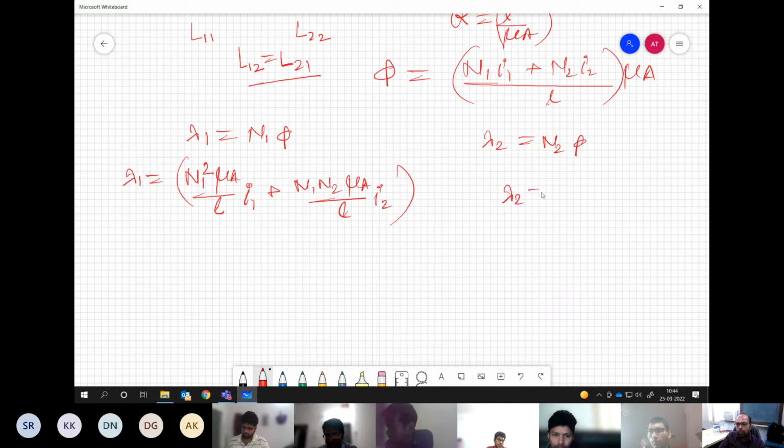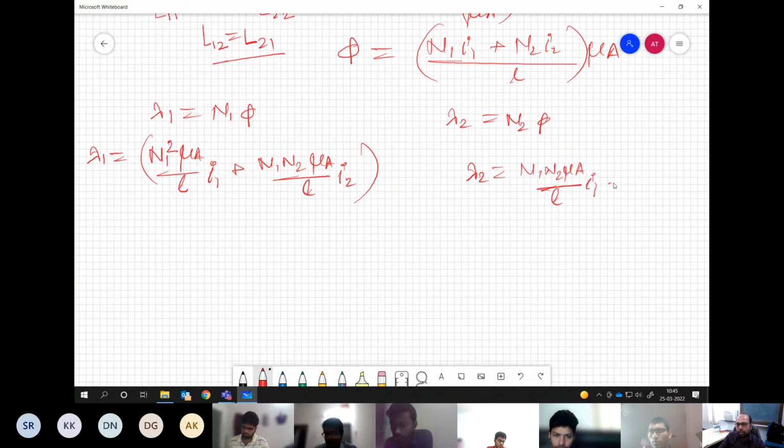And lambda 2 will come out to be N1 N2 mu A by L times I1 plus N2 square mu A by L times I2.